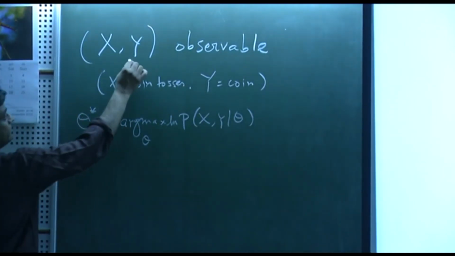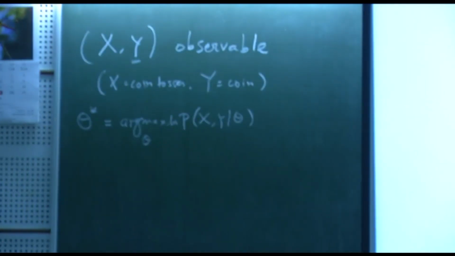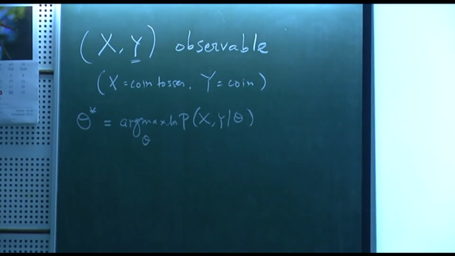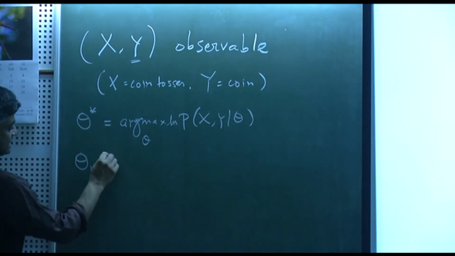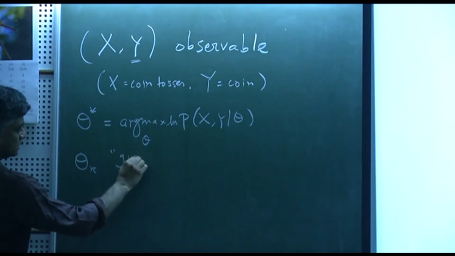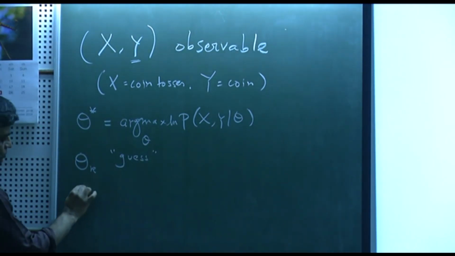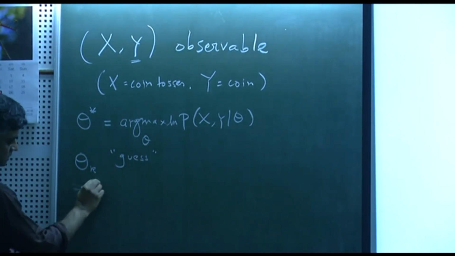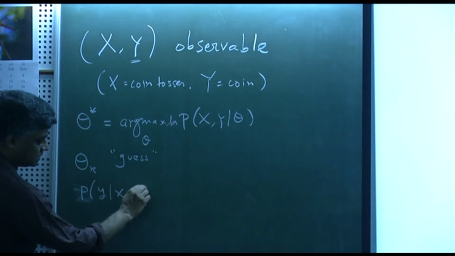Now I don't know y. I have no idea what to do with y. So what all of this mathematics ends up showing you is, let's create an iterative procedure. You guess a value theta k. This is a guess. Given this, I know the distribution of y given my observation and theta k.